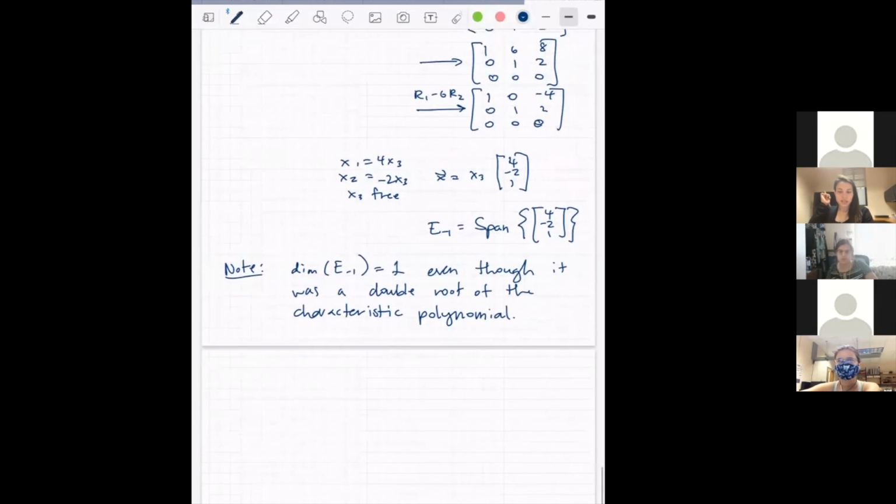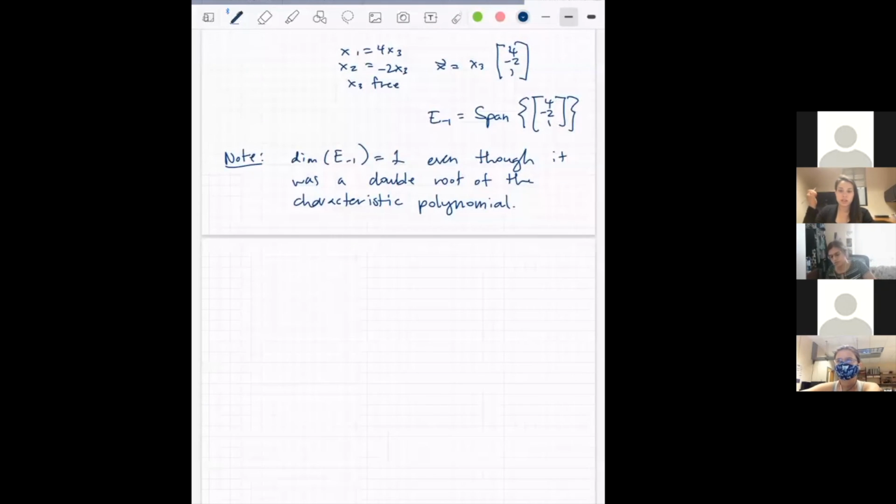Right? But there is actually a relationship between the number of times that the root appears in the characteristic polynomial and the dimension of the eigenspace. And it is this. So in general, the dimension of the eigenspace for lambda will be less than or equal to the algebraic multiplicity.